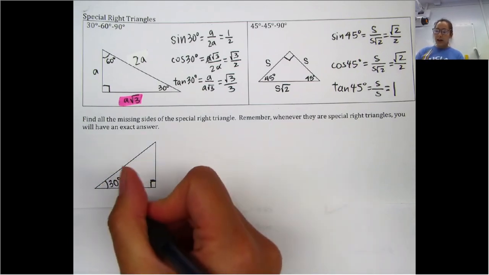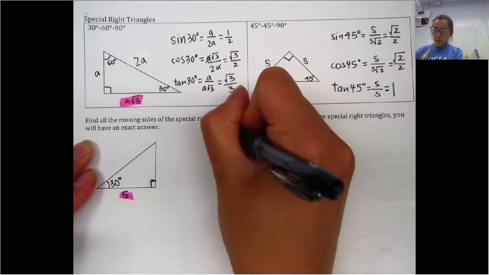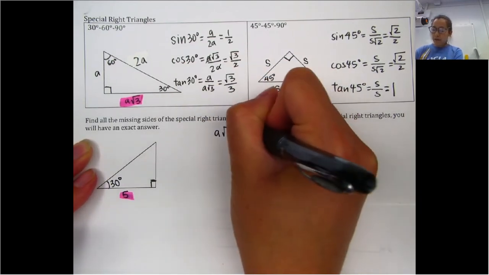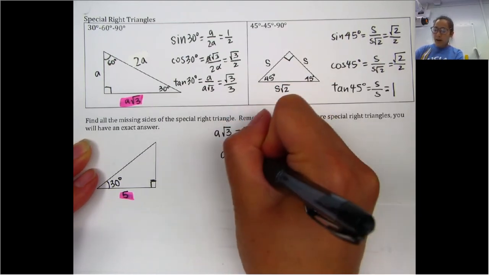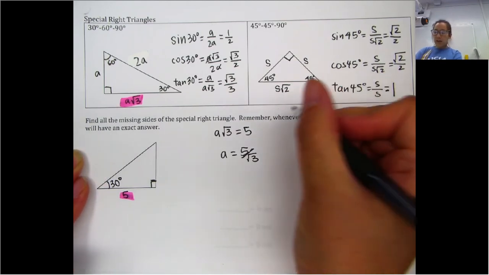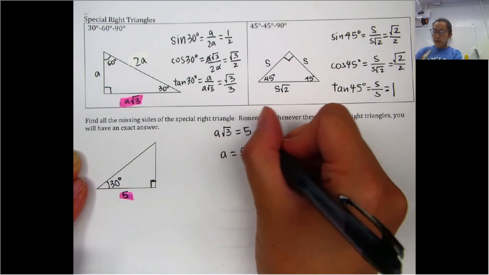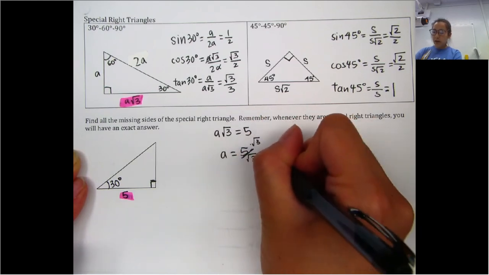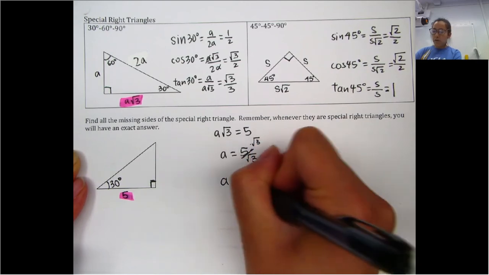So since this one, you have A root 3 equals 5, then you have A equals 5 divided by root 3. And then we multiply the numerator and denominator by root 3. So if we do 5 times root 3 times root 3, we get A equals 5 root 3 over 3.